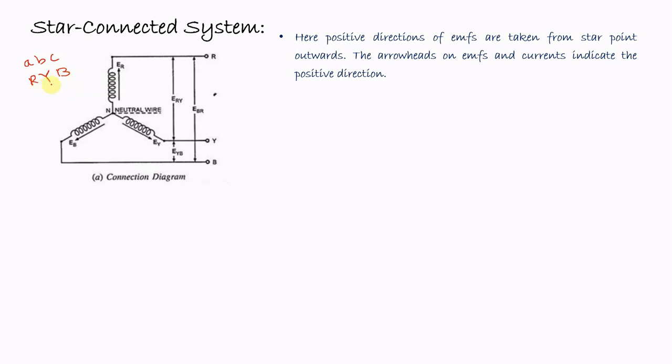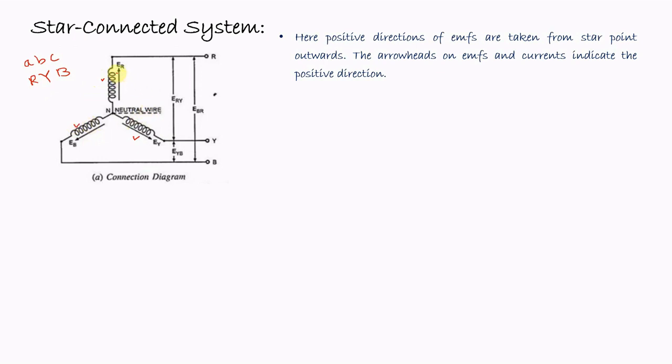And the three phases are named according to R, Y and B. So here it is the R coil, this is the coil of Y and this is the coil of B.